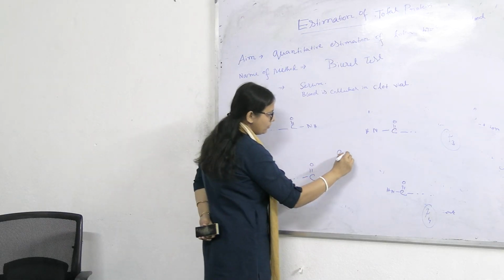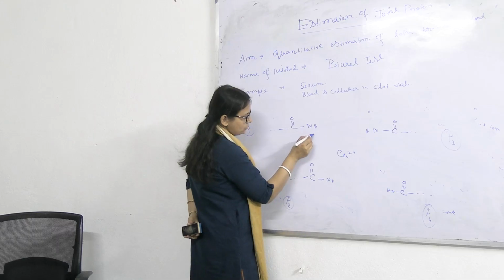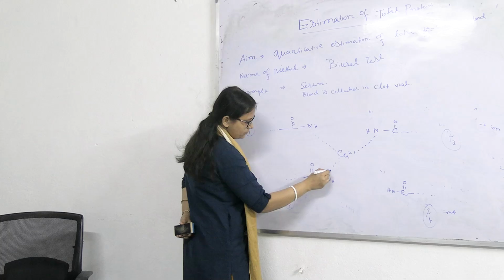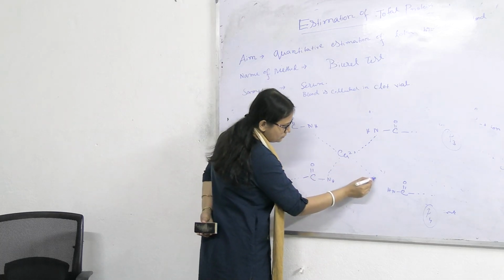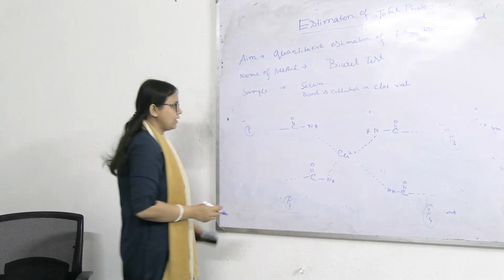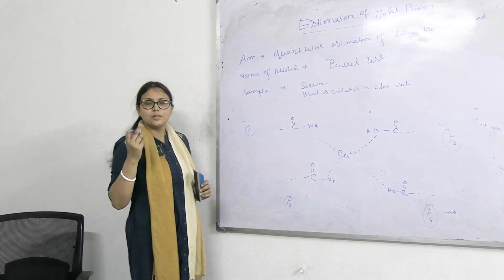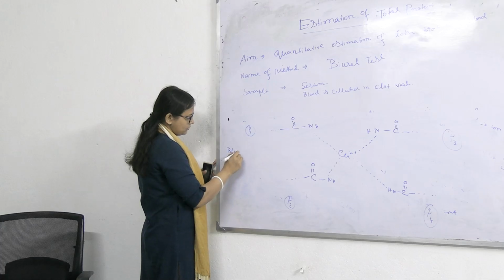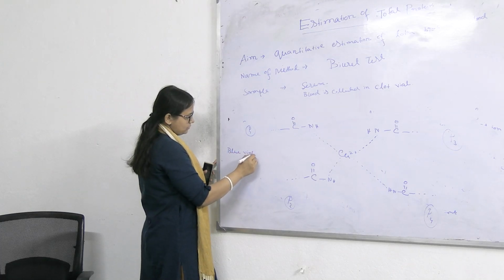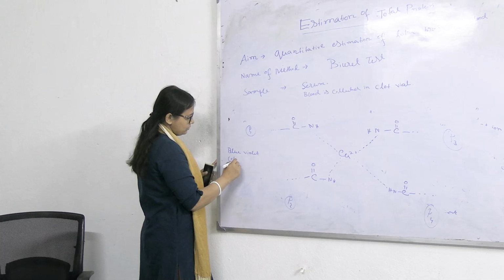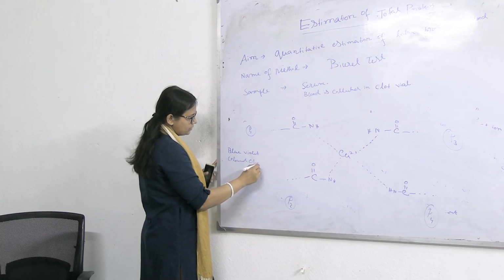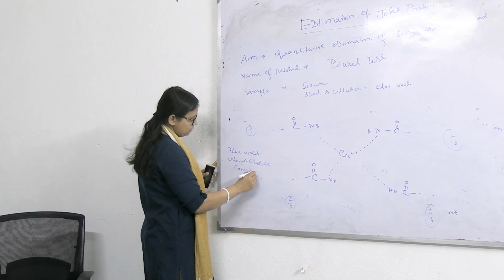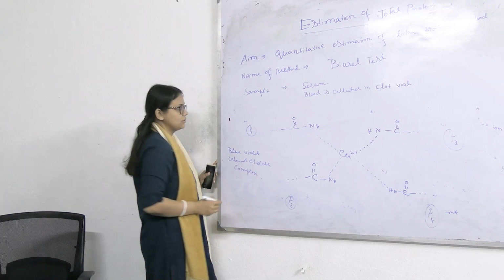Now copper will bind like this, forming a bond with the nitrogen atom. So this is the complex that gives the blue violet color. This is the blue violet colored chelate complex.